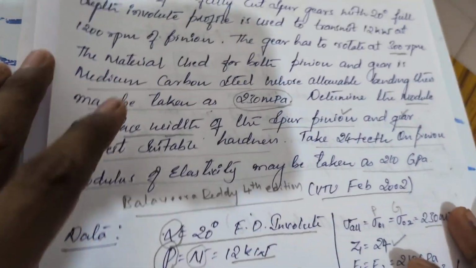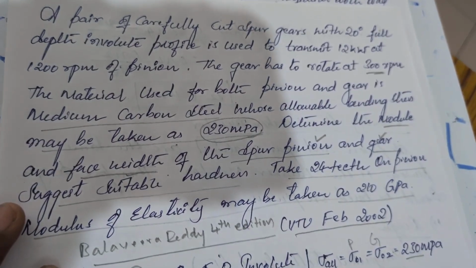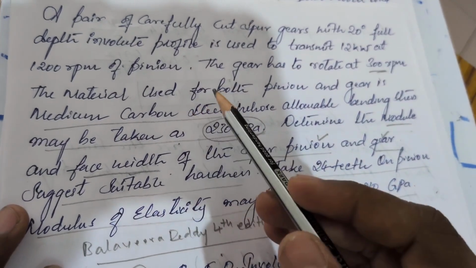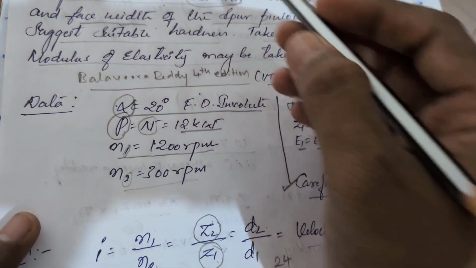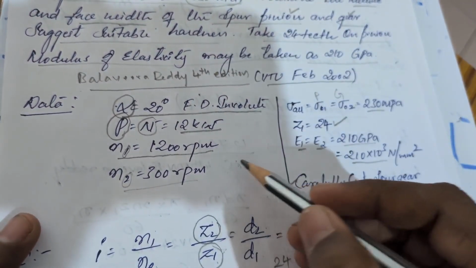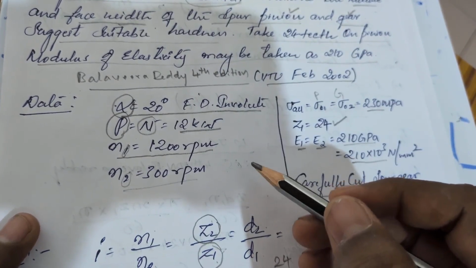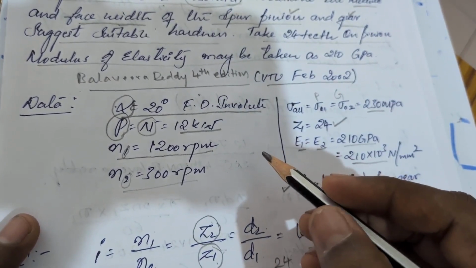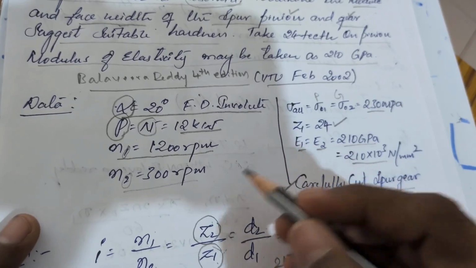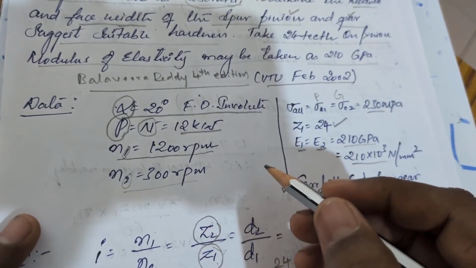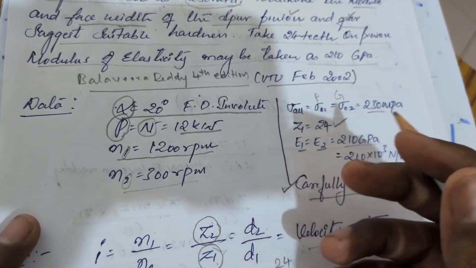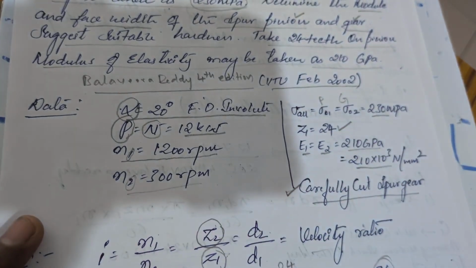Generally, the material can be different. In that case, whenever the materials of the gear and pinion are different, you need to equate the equations and see that whichever is weaker has to be designed.